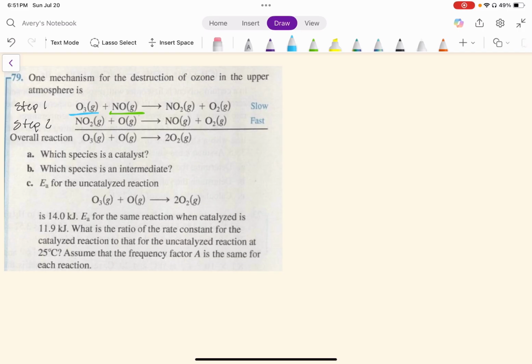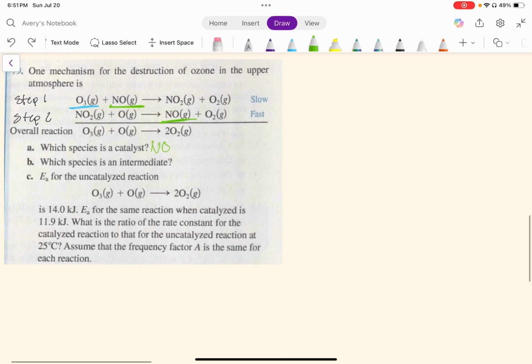We're given O2, but that is not O3. So O3 is not the catalyst. But we do recreate NO as a gas. So that is why NO, not NO2, NO gas is our catalyst species.